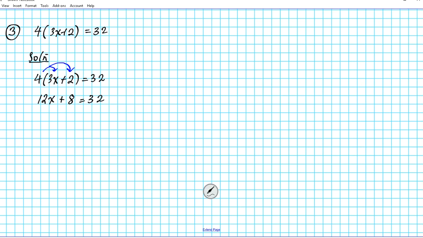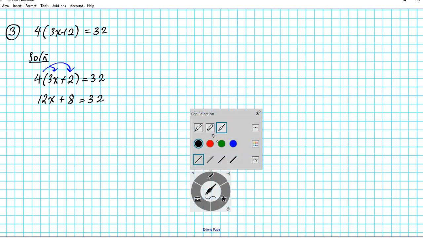Alright, now that we've simplified it by eliminating the parentheses, we're now going to isolate x. In order to isolate x, we'll get rid of the plus 8 first, and then the 12 by subtracting 8 and then dividing by 12.